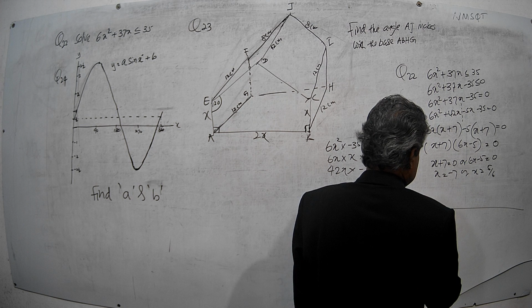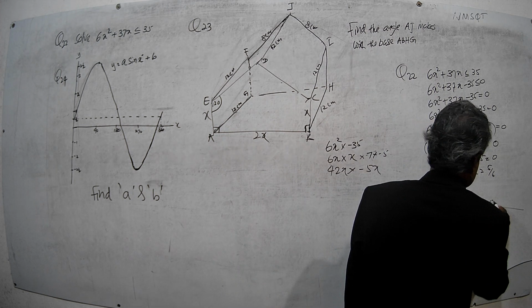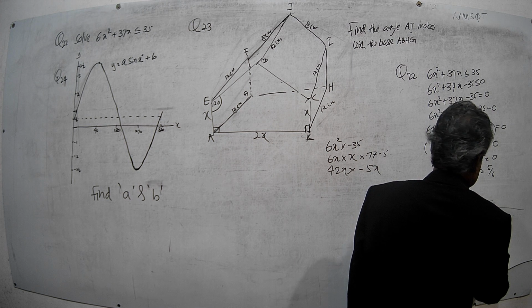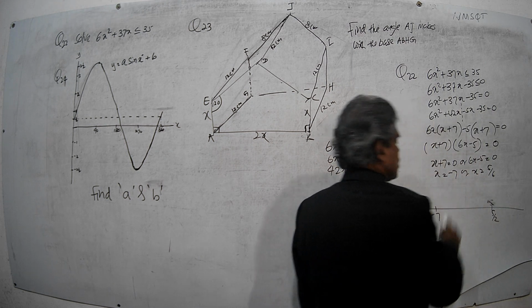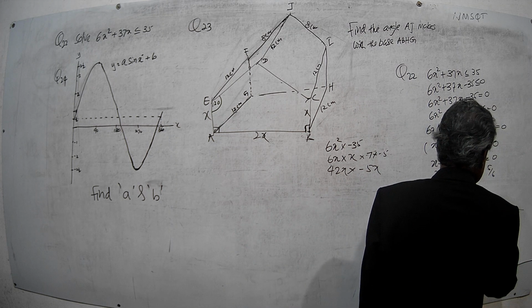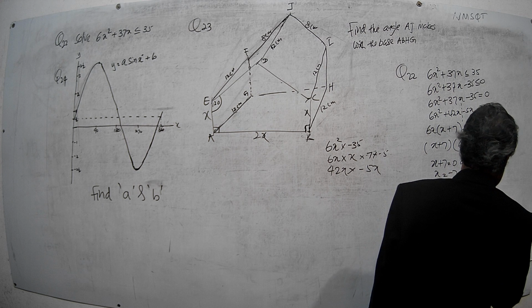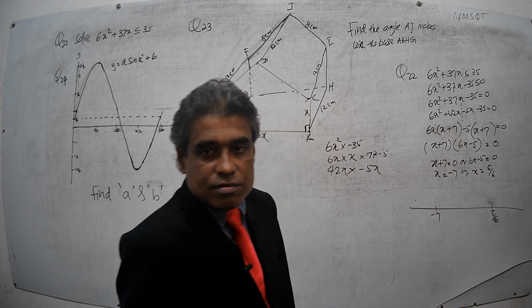Here you say minus 7. Here you say 5 over 6. You mark these two roots.